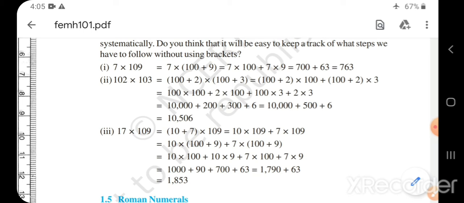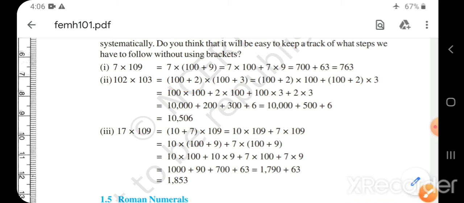Now 100 plus 2, then first number of the second bracket: 100 plus 2 into 100, plus 100 plus 2 into 3.